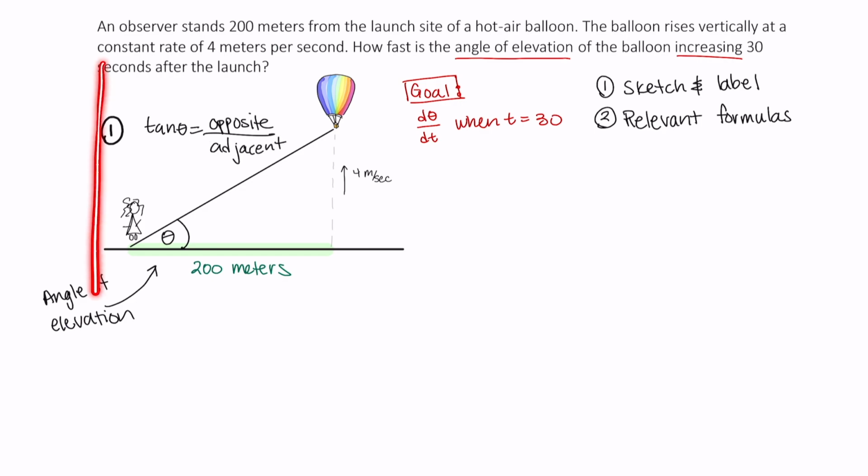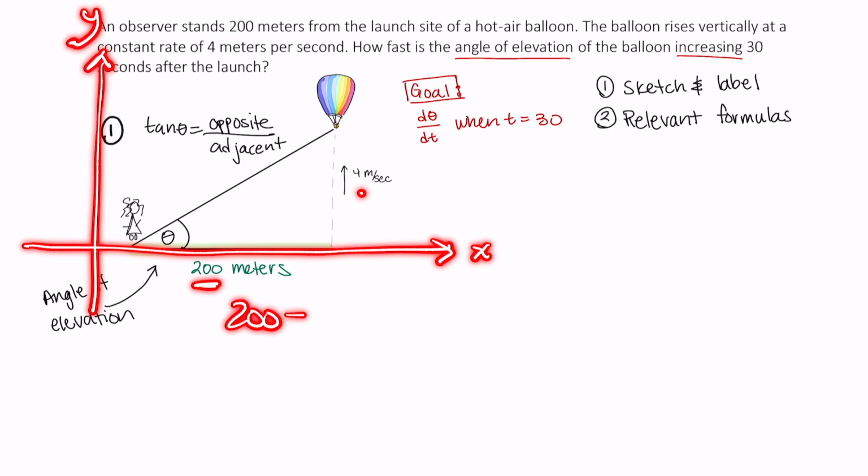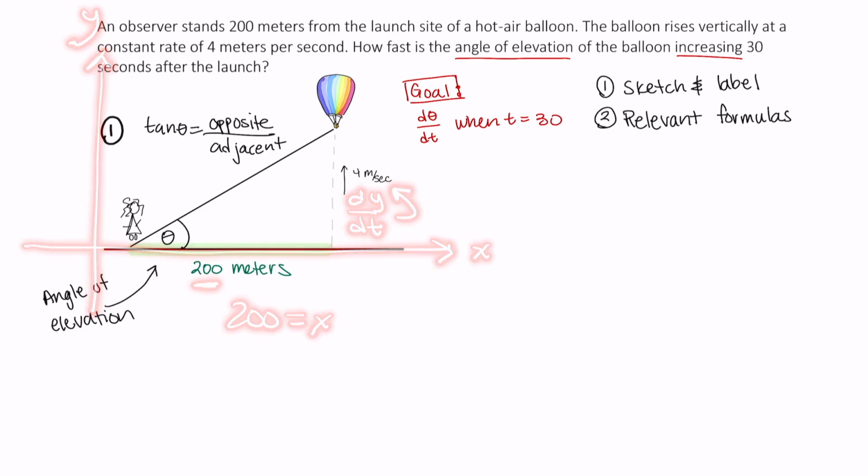Imagining this on an x and y axis, x, and this is y. We can call this one here the x value. And this one here is dy over dt. So the rate of change in y with respect to time is 4 meters per second. All right, so this is dy over dt.